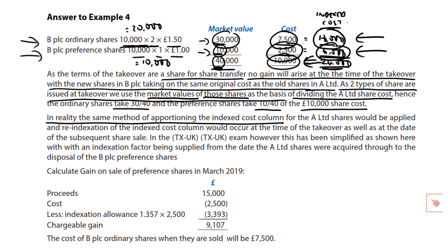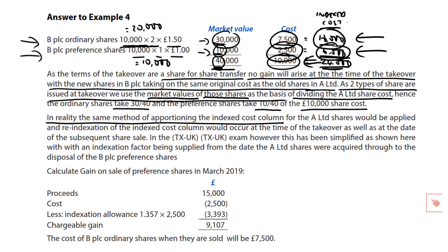From that point on, should there be any disposal, you would reindex the respective share costs through to, well, probably not the date of disposal, because I guess the date of disposal is going to be now in 2019, 2020, maybe 2018, but certainly post the 31st of December 17. So any indexation, as you know, is frozen at December 17.